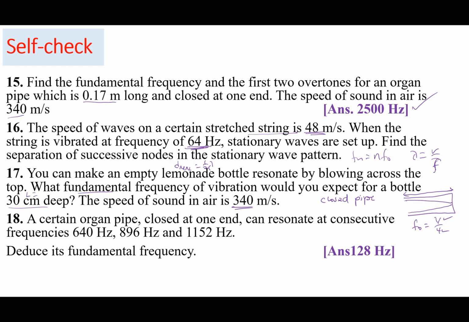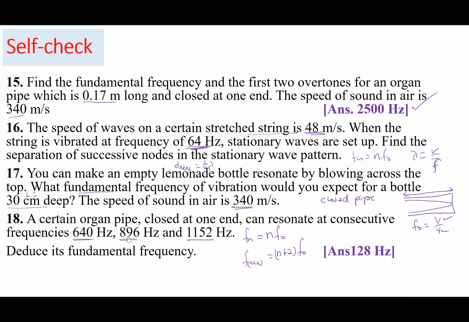A certain organ pipe closed at one end can resonate at consecutive frequencies 640, 896, and 1152 Hz. Deduce the fundamental frequency. So we have seen that for closed pipes the frequencies differ by n equals to n plus 2. So if the first one is Fn equals n times F0, the next one is going to be Fn plus 2, which is going to be n plus 2 times F0.